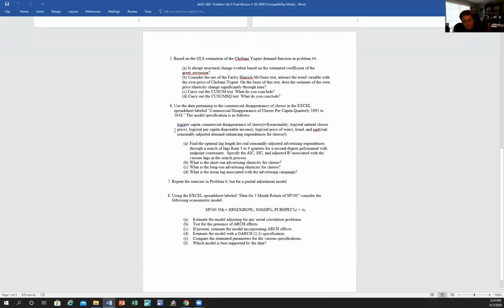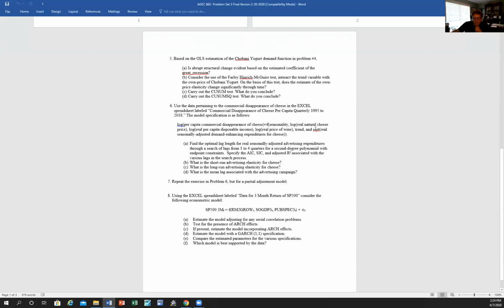We already have given you real per capita disposable income, but just about everybody failed to do this correctly. The real price of wine. Now, the price of wine was given by CPI, seasonally adjusted for wine, but you still need to divide that by CPI to put that on a real basis. And just about everybody, I think, except for one person, failed to do that.